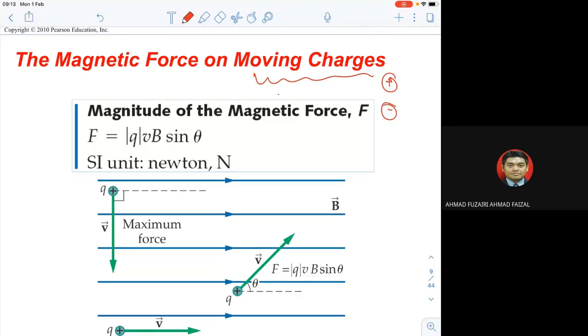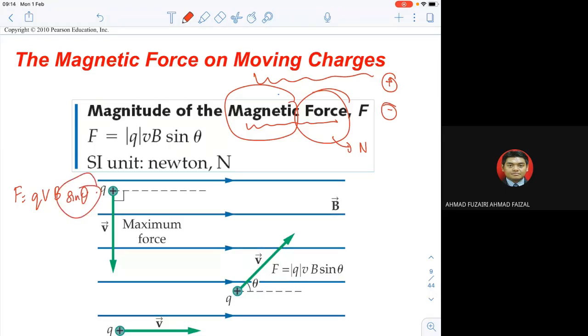We want to know the magnitude of the magnetic force. Force means the unit should be Newton, so F is equivalent to QVB sine theta.